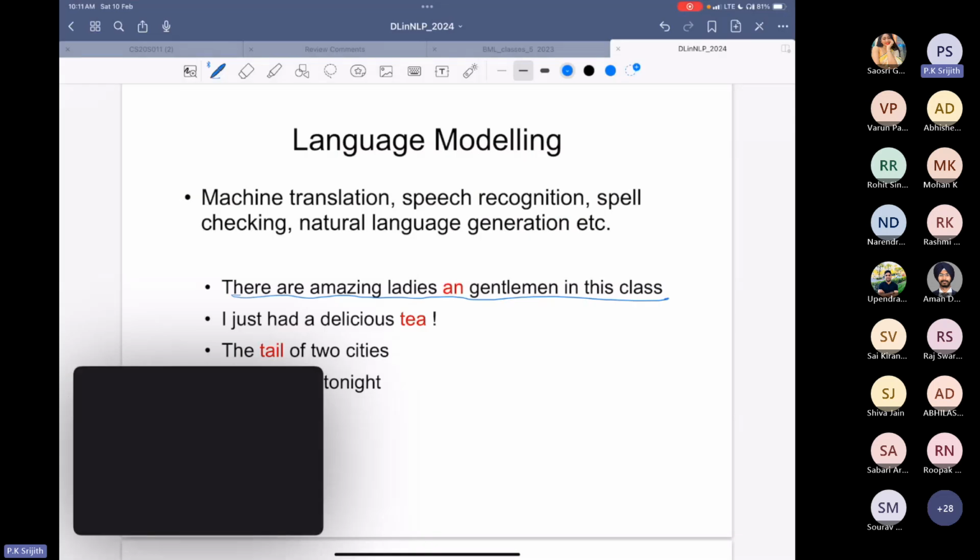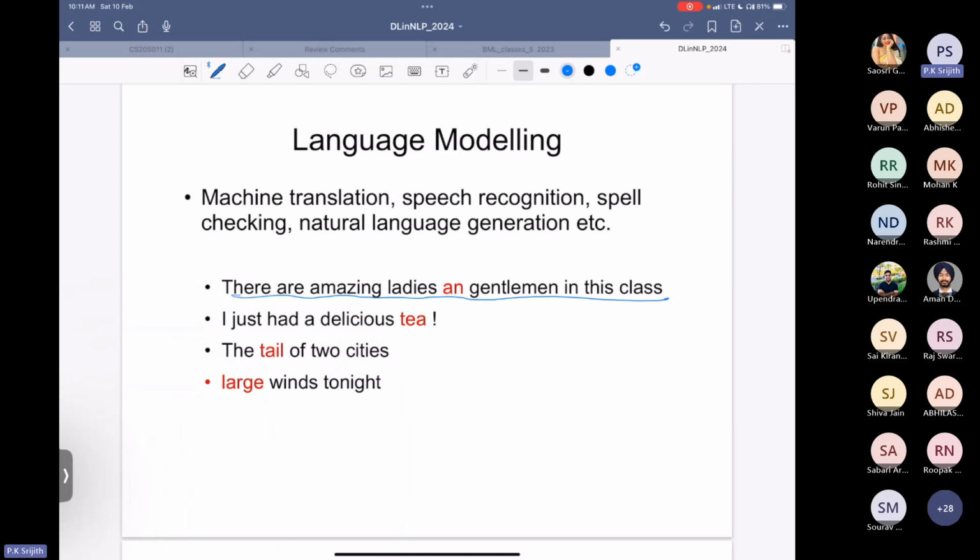Here we are dealing with in what order the words have to appear. How do you generate a sentence in a particular language? Understanding what order the words have to appear in is helpful in solving these tasks.